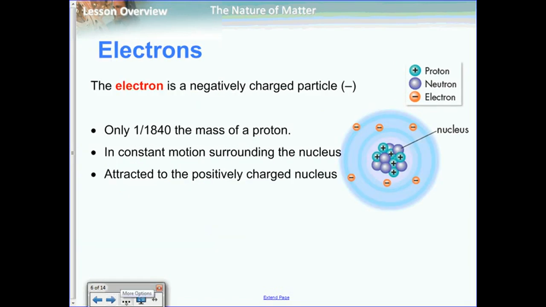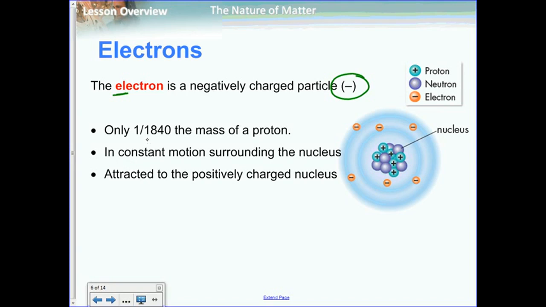The third subatomic particle would be the electron. The electron is negatively charged, so whereas protons are positive, electrons have the negative charge. They have a very, very small mass compared to protons and neutrons. They are 1/1840th the mass of a proton, so a much smaller mass.